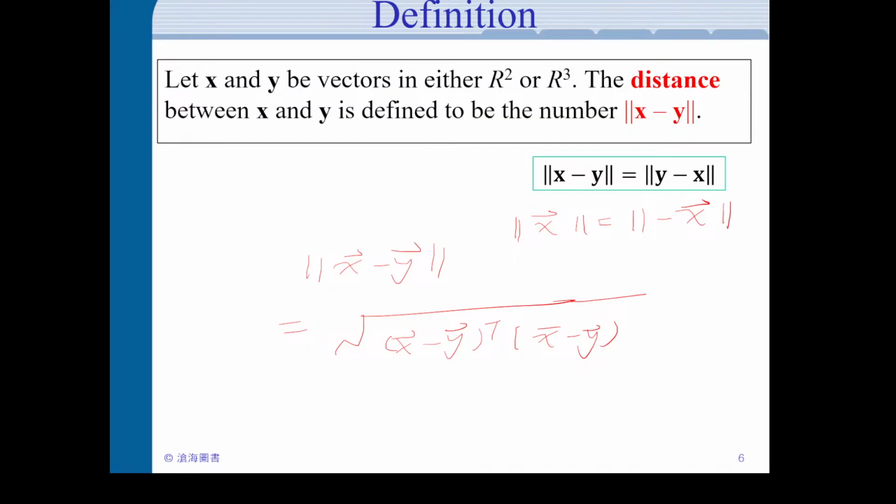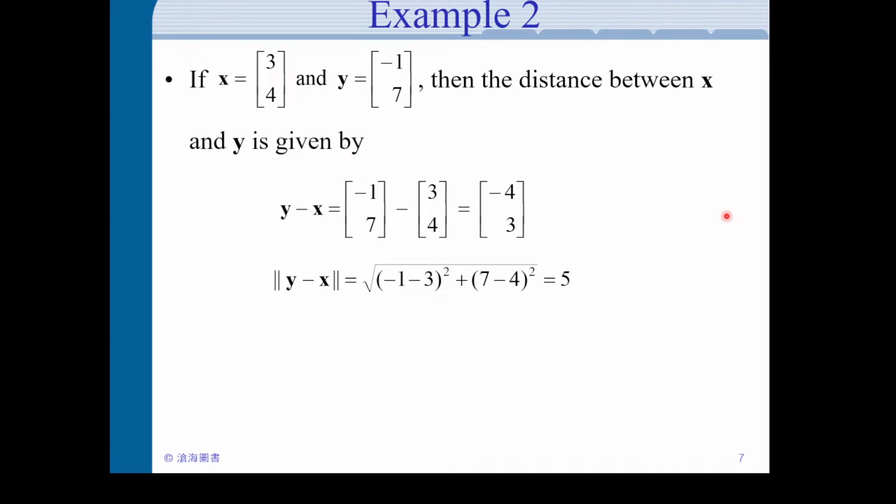Let's see some example of calculating the distance between two vectors. It's quite straightforward. You have x equal to 3, 4, y equal to minus 1, 7. Then y minus x is just subtracting each coordinate, so it's minus 4 and 3.